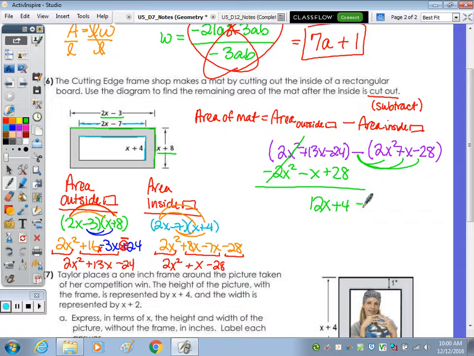Okay, so that equals the area. Use the diagram to find the remaining area of the mat. So this is the area in terms of x of our mat.